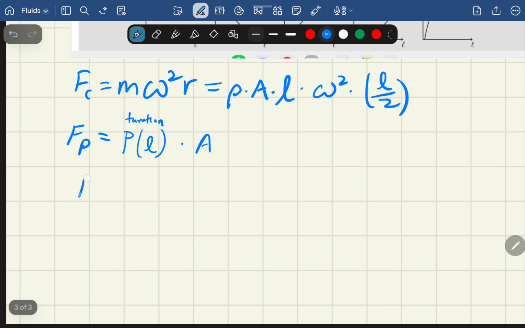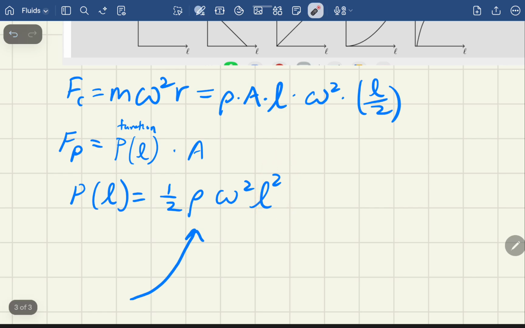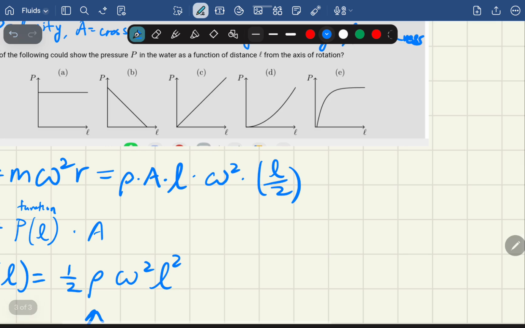So we have P of L is equal to 1/2 rho omega squared L squared. And this is going to be an upward pointing quadratic because of the L squared. So it's D.